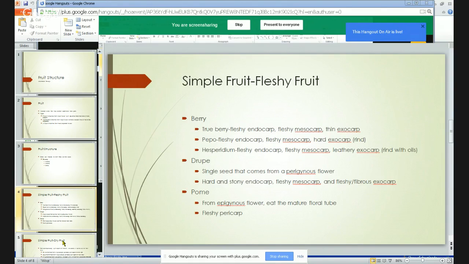So it's going to have a hard and stony endocarp, a fleshy mesocarp, which is what we end up eating, and then a fleshy or fibrous-like exocarp. So those would be all the things with a pit in them. Peaches, cherries, plums, olives, a coconut.